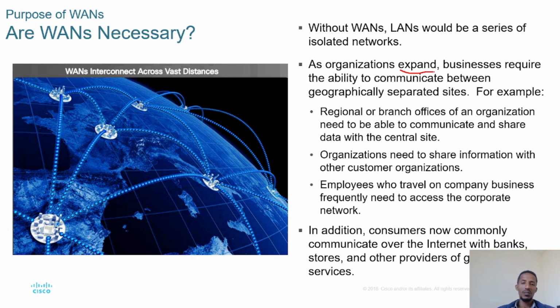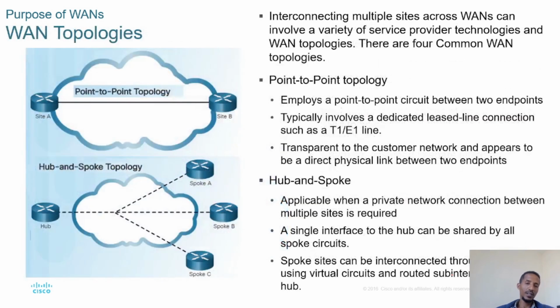In that case, we might have regional branches, regional offices. You also want to share your information with customers, and travelers, employees who usually travel, and the ones we communicate with. All of these people want to communicate with their organization or with their banks at the remote sites. This kind of provision is made by the WAN. Usually we call it the internet nowadays.